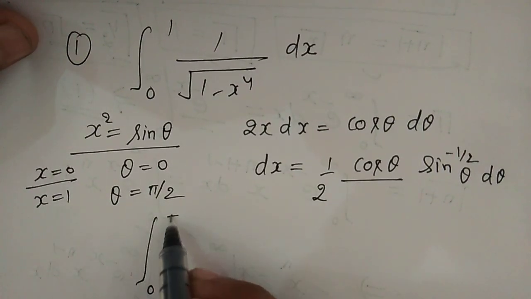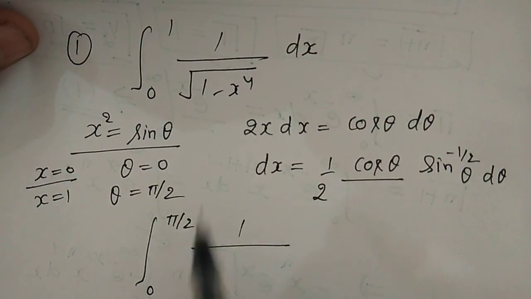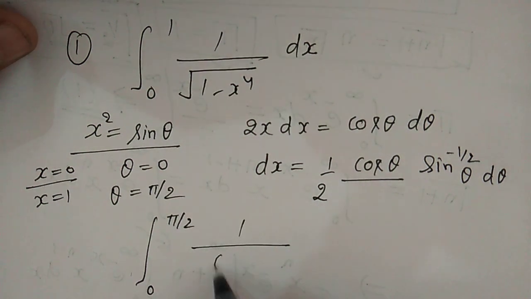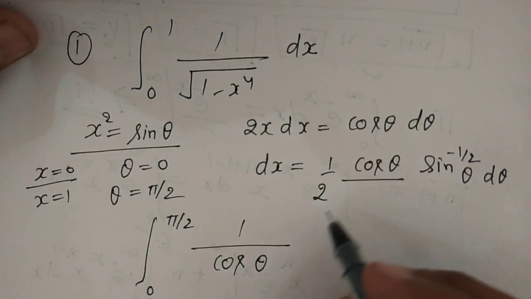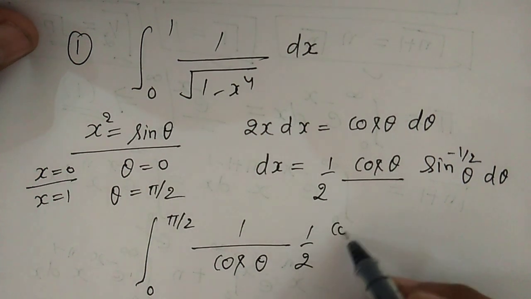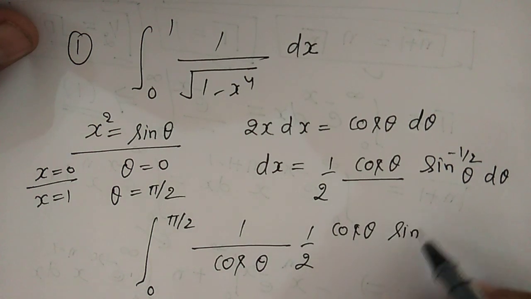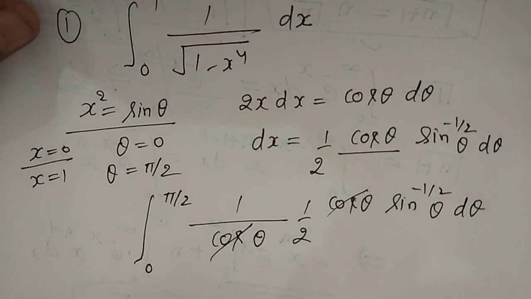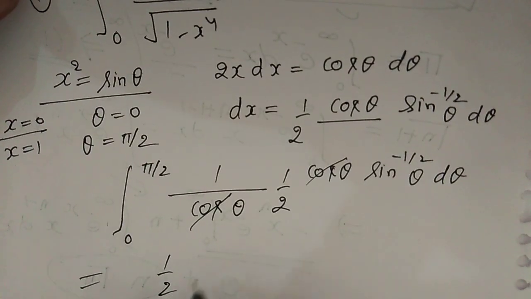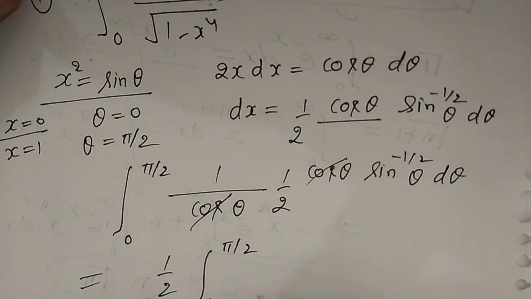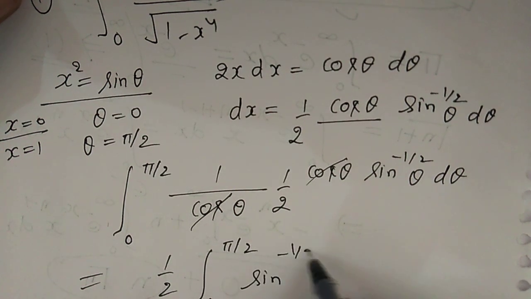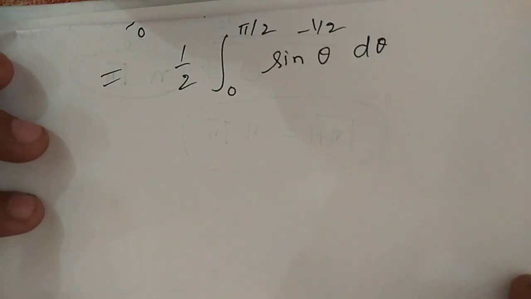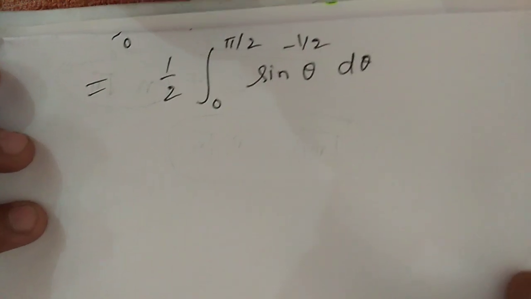So we have 0 to pi by 2, and 1 upon the square root of 1 minus sin squared theta, so cos theta, so 1 by cos theta, and dx equal to 1 by 2 cos theta sin to the power minus half theta d theta. Fine, so cos theta cancels, so finally we get 1 by 2 integral 0 to pi by 2 sin to the power minus half theta d theta.